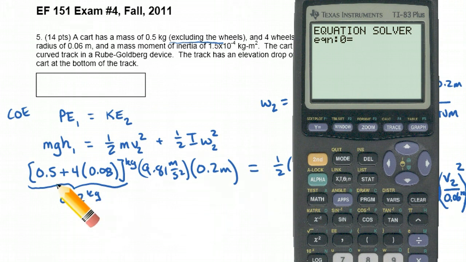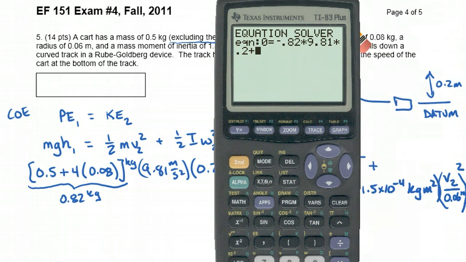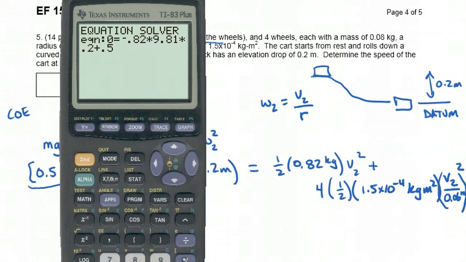I will move this to the other side, so it makes negative 0.82 times 9.81 times 0.2, so double check that, plus 0.5 times 0.82 times, I'll use x for my velocity unknown, squared, plus 4 times 0.5 times 1.5 times 10 to the minus fourth times an x squared term divided by 0.06 squared.